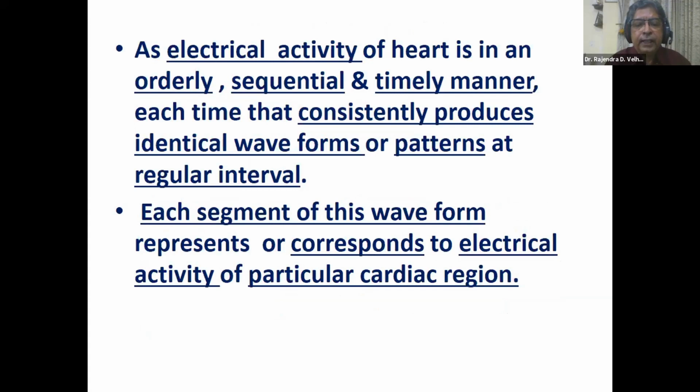Since the electrical activity of the heart is in an orderly, sequential, and timely manner, each time it consistently produces identical waveforms or patterns at regular intervals. And each segment or part of that waveform represents or corresponds to the electrical activity of a particular cardiac region.